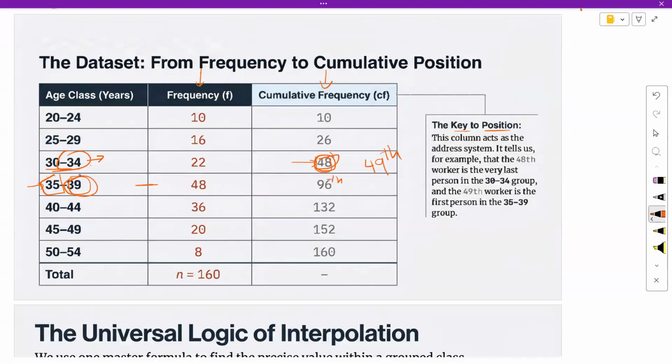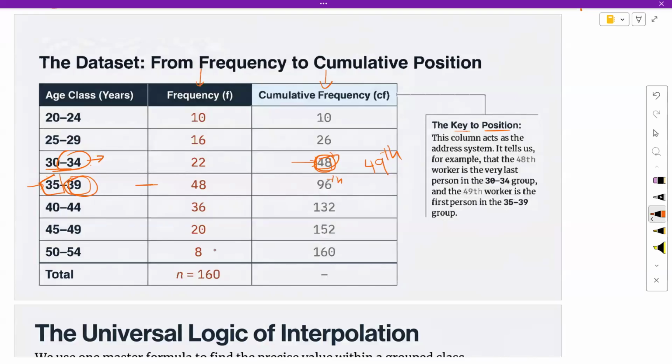Likewise, tell me what is the age of the 132nd person? 44. Yes, 44. What is the age of the 133rd? 45. Very good. Now you have understood the logic behind this.